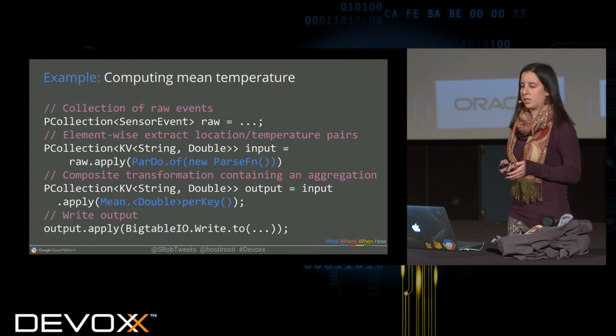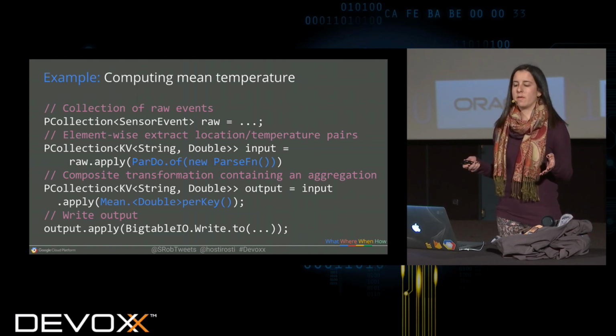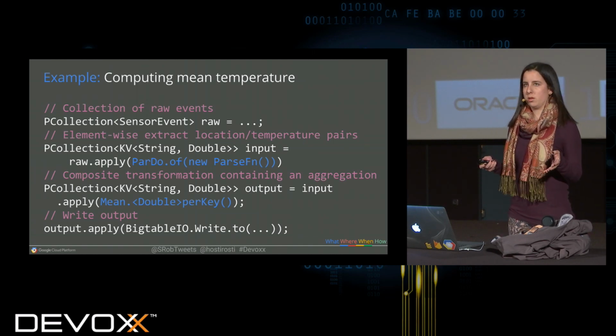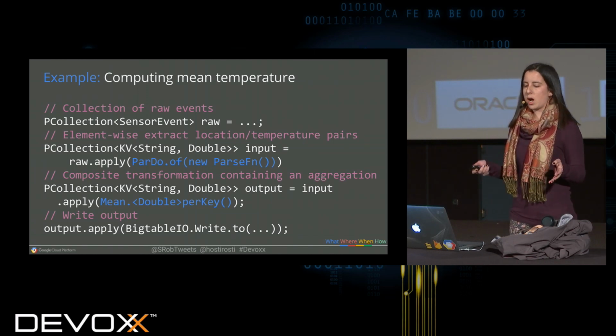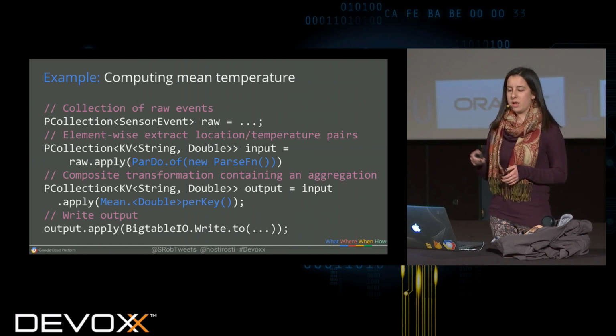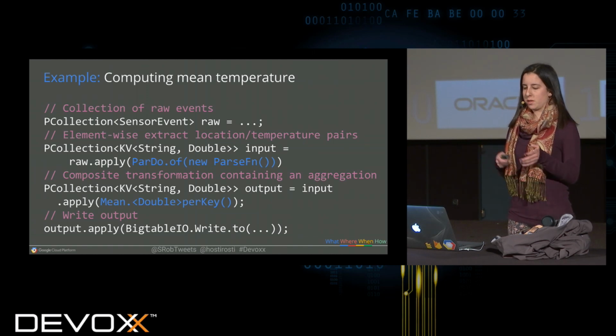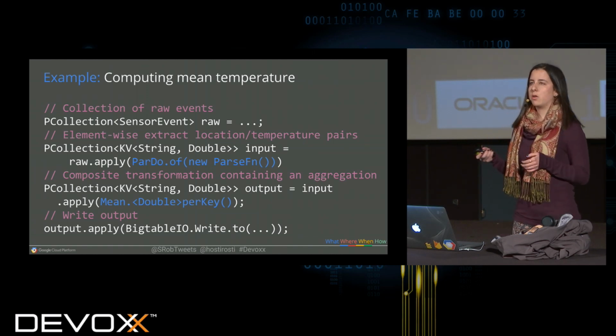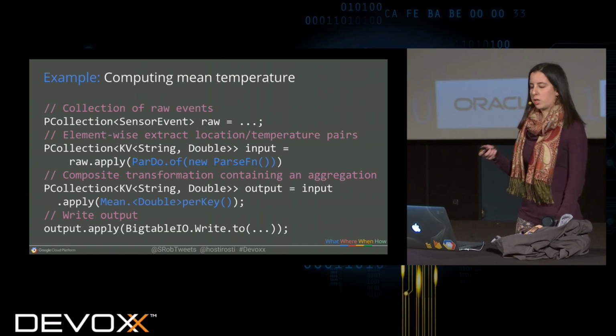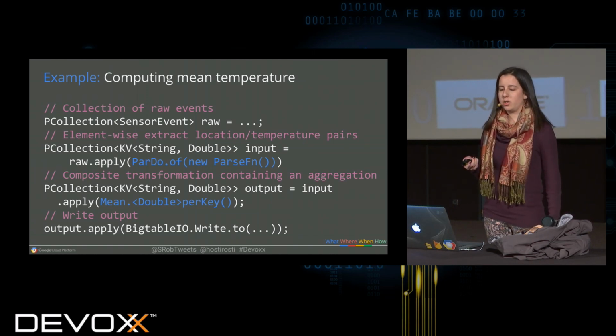So we start with a series of raw events, and Flume Java introduces the concept of a PCollection, which is essentially just a collection of data that we want to process. So we have this raw collection of events, and then in the first phase of our pipeline, we're going to transform each event into a more structured key-value location-temperature pair. And we can do that using a ParDo, which is a parallel do function.